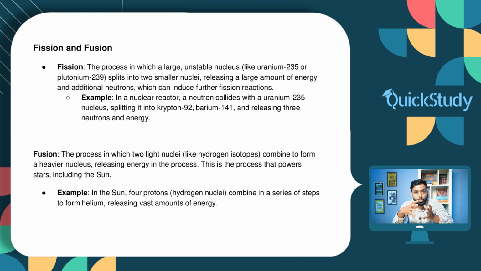Light nuclei come together and form a bigger nucleus, in the hydrogen process. That is how the sun works. For example, in the sun, 4 hydrogen nuclei, or protons, combine in a series of steps to form helium, releasing a vast amount of energy, and that is how we get the heat and light from the sun.